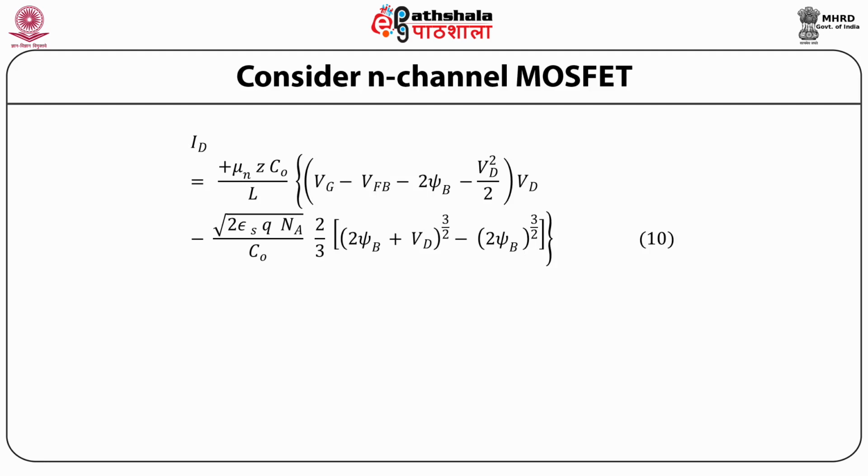This whole is multiplied by Vd minus root of 2 epsilon s q Na by C naught multiplied by 2 by 3 multiplied by the bracket 2 psi b plus Vd to the power 3 by 2 minus 2 psi b to the power 3 by 2. So this is the ideal MOSFET equation if we remove Vfb from this equation.